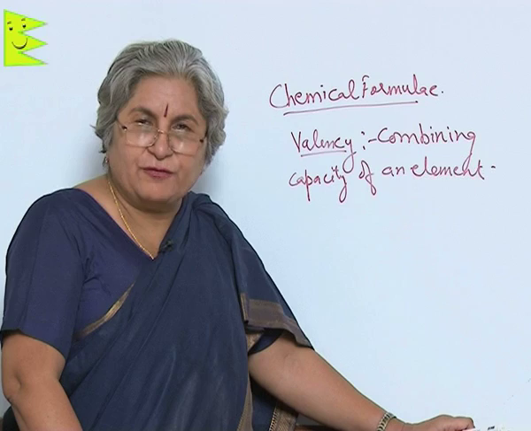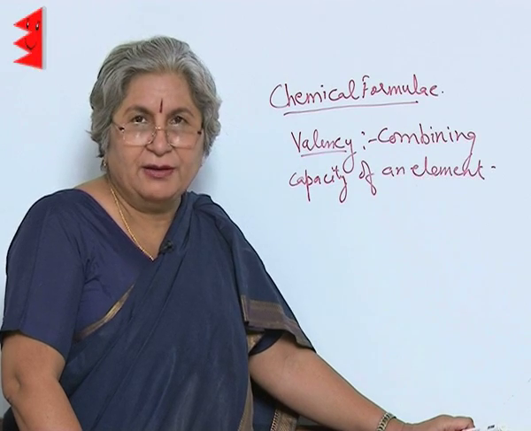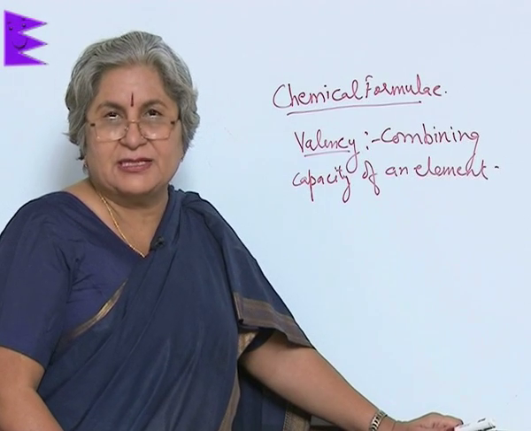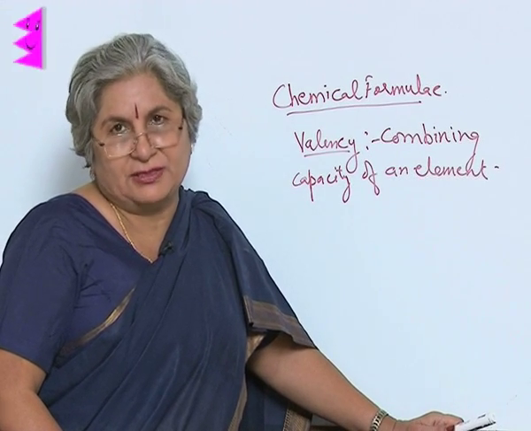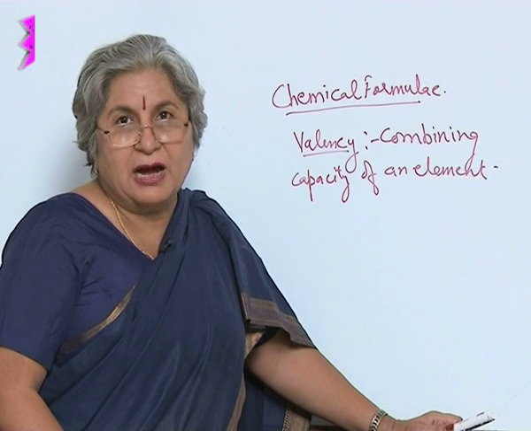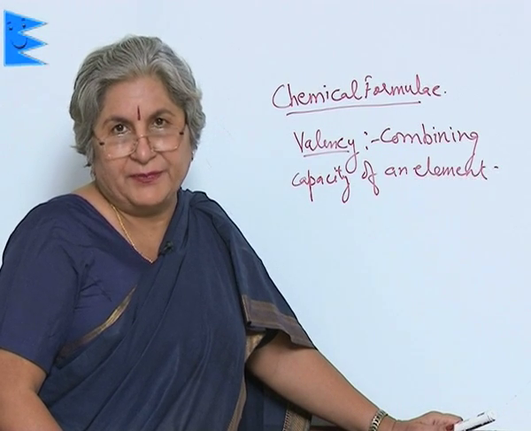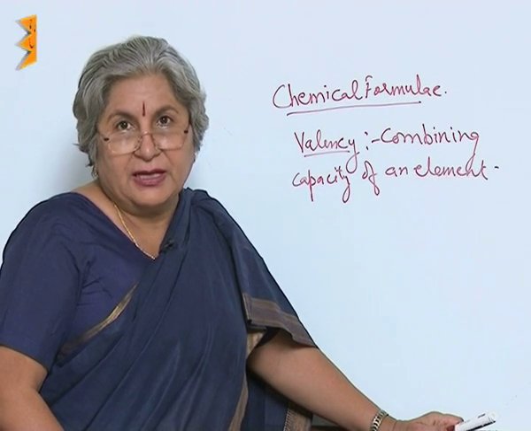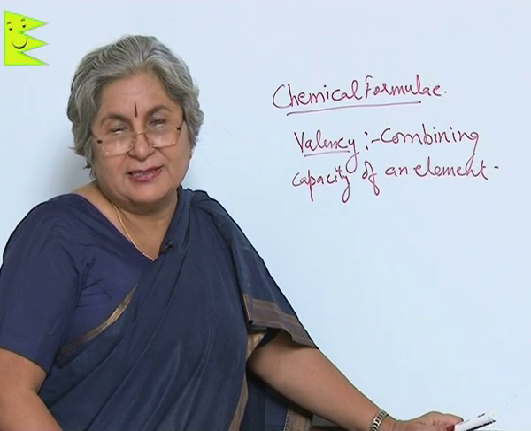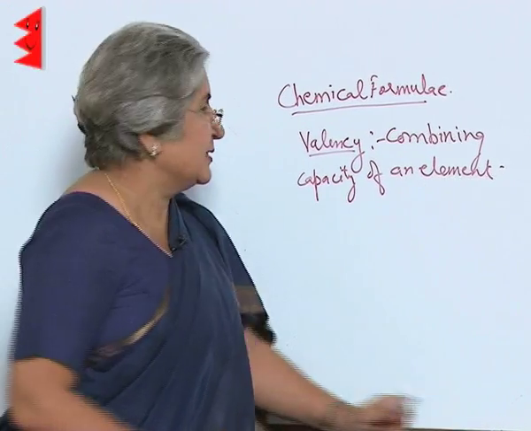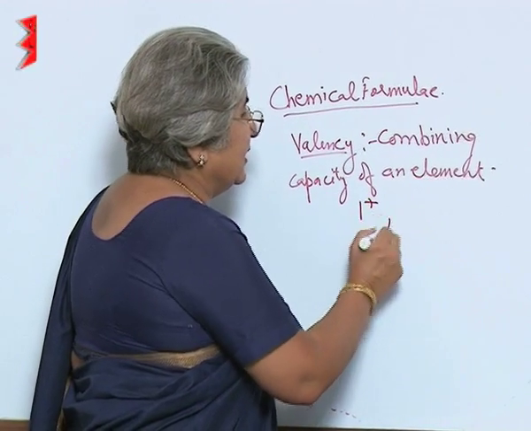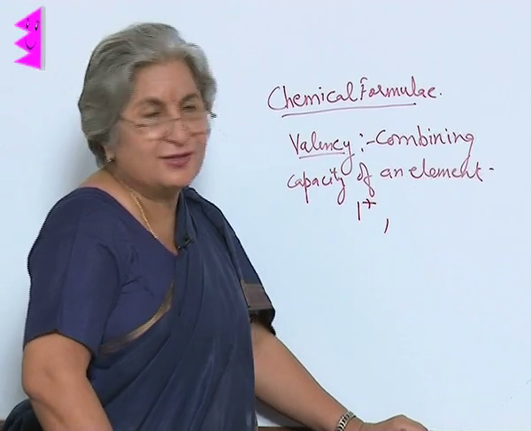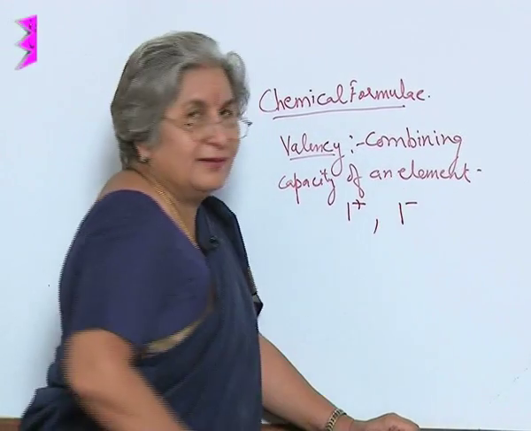So, to write a chemical formula, we ought to know the valency of the element, and the valency is normally denoted as negative or positive, because it depends upon how that atom is going to combine. For example, sodium can lose one electron, and as a result we denote it as 1 positive, and chlorine can gain one electron, an electron is negatively charged. So, it is 1 negative.